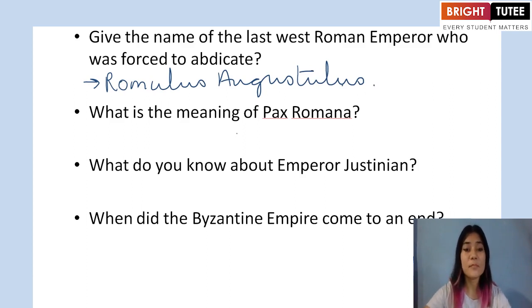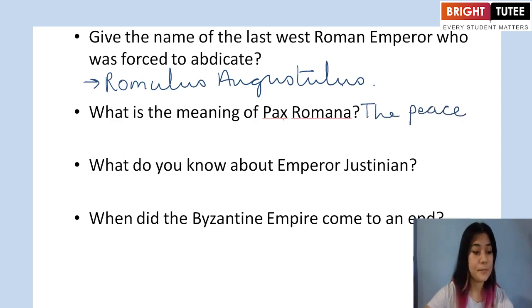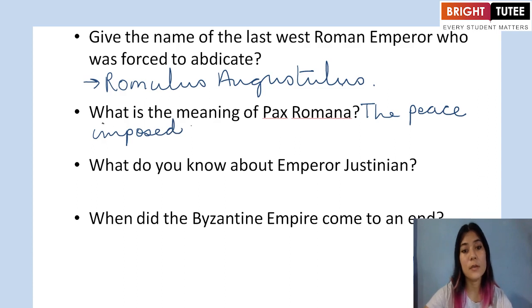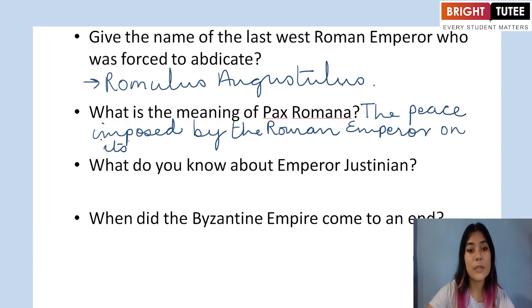Alright. The next question. What is the meaning of Pax Romana? It was the peace imposed by the Roman Emperor on its dominions.